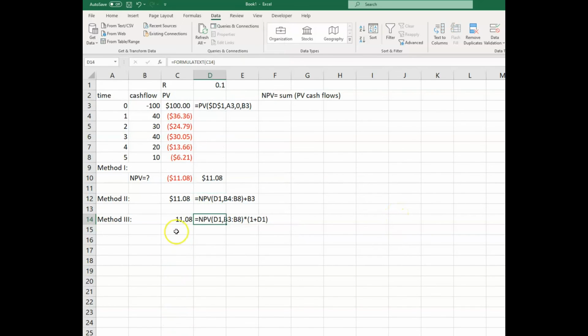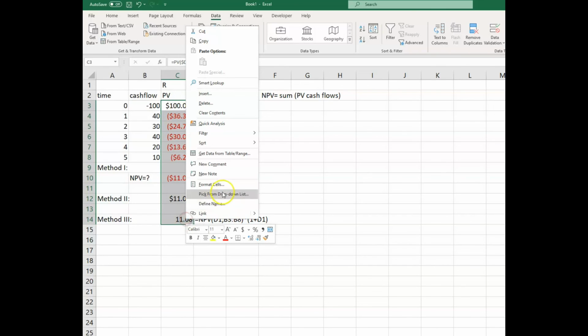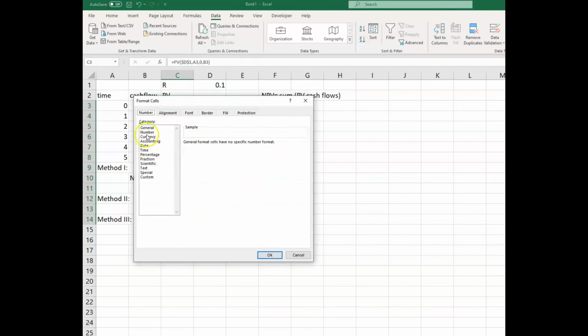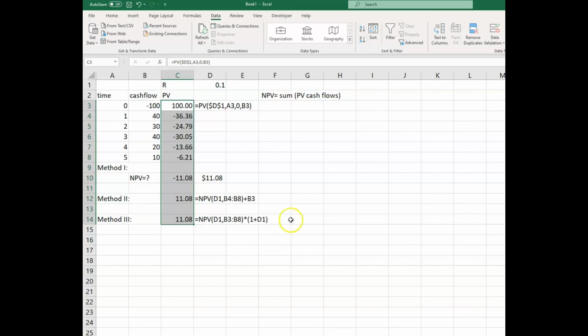For this one, I'm going to remove the dollar signs. For method 3, we apply NPV to all the cash flows, including the initial cash flow and our investment, then multiply by 1 plus R.